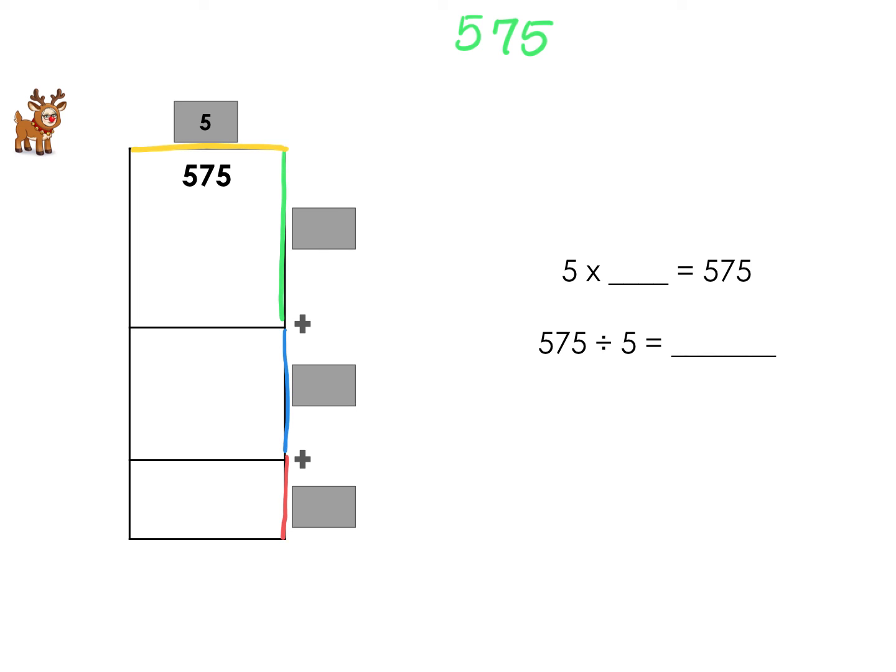That's what our side length is. So let's ask ourselves, 5 times what is close to 575? Yep, 100. So the area of this first section is 500, leaving me with 75 more that I need to distribute.